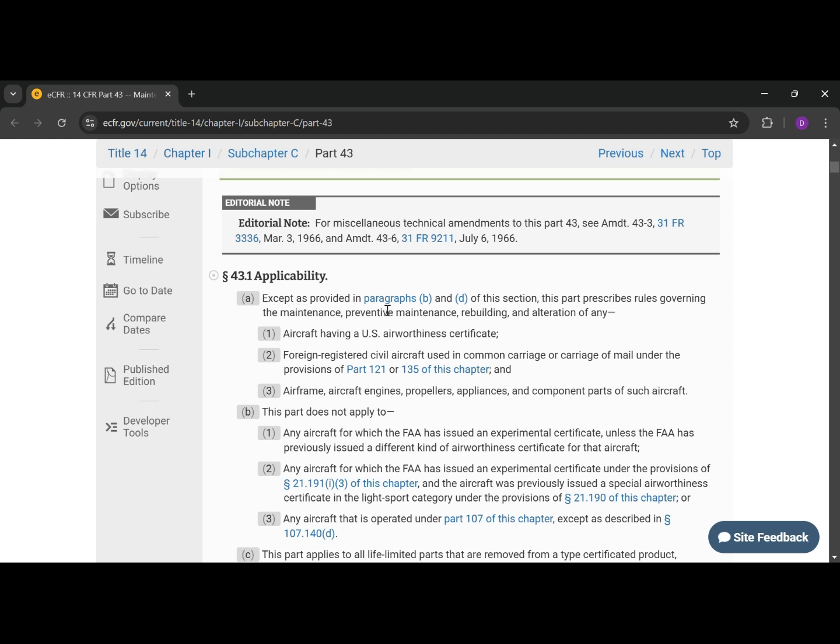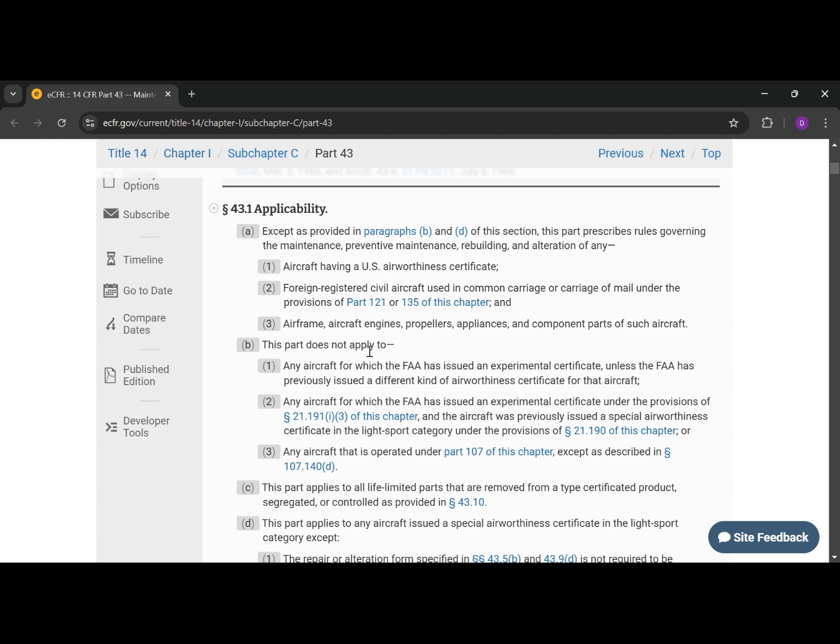Except as provided in paragraphs B and D of this section, this part prescribes rules governing the maintenance, preventive maintenance, rebuilding, and alteration of any aircraft having a U.S. airworthiness certificate, foreign registered civil aircraft used in common carriage or carriage of mail under the provisions of Part 121 or 135 of this chapter, and airframe, aircraft engines, propellers, appliances, and component parts of such aircraft.